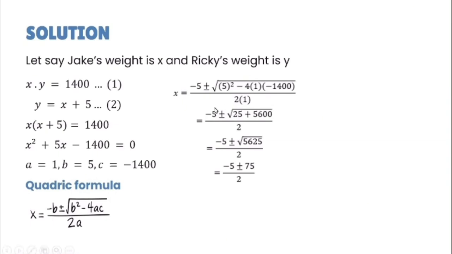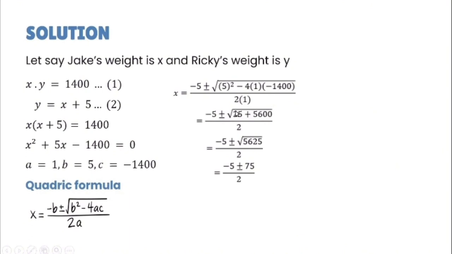So, X equals negative 5 plus minus square root of 5 squared minus 4 times 1 times negative 1,400, over 2 times 1. 5 squared equals 25, minus 4 times 1 times negative 1,400 equals plus 5,600. And then 2 times 1 equals 2.